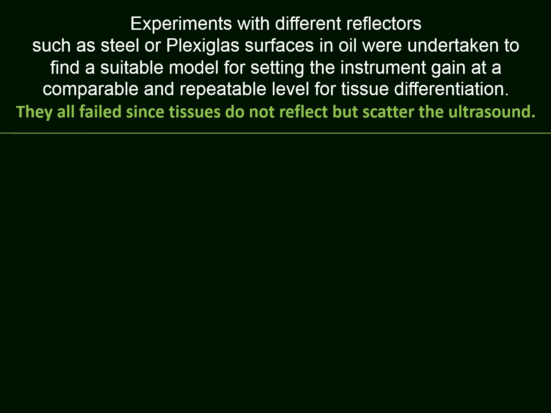Experiments with different reflectors such as steel or plexiglass surfaces in oil were undertaken in the 1960s by different authors. They all failed since tissues do not reflect but scatter the ultrasound, and there's a huge difference between reflection and scattering.